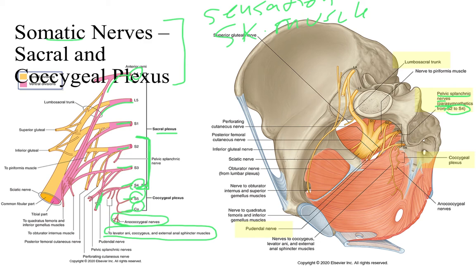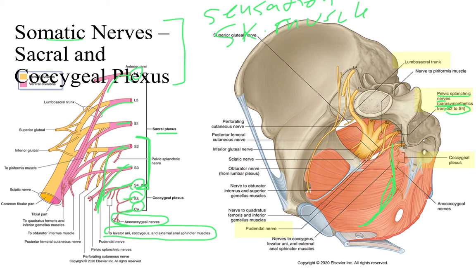The important one that I do want you to know is the pudendal nerve right here, which is coming from S4, as well as a branch from S2 and S3. The pudendal nerve is going to run through the pelvic floor muscles and the perineal muscles, and remember, it ends up going to the external genitalia, and we talked about that when we covered the reproductive systems a few lectures ago.